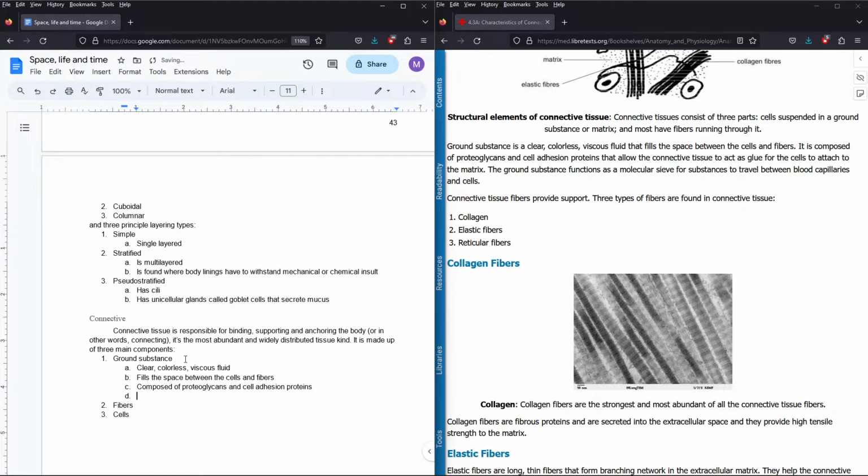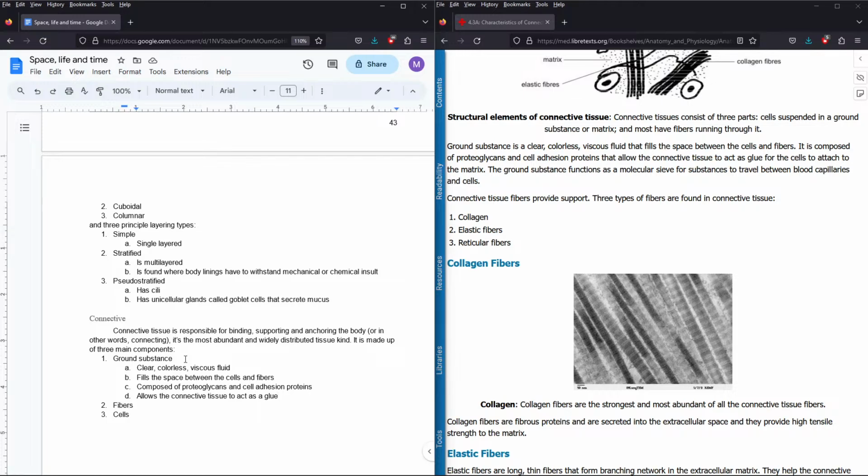It glues together fibers to cells, from what I'm getting. The ground substance functions as a molecular sieve for substances to travel between blood capillaries and cells.